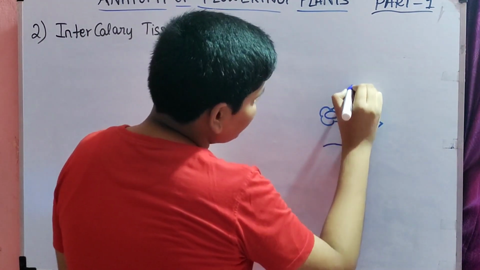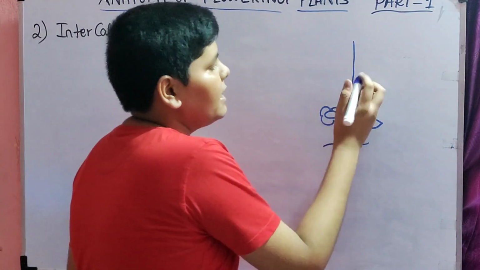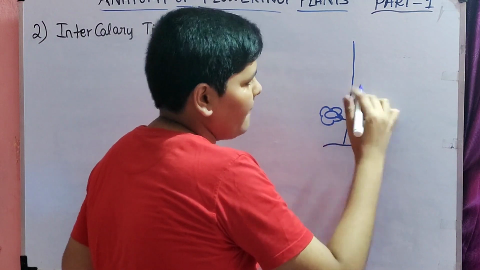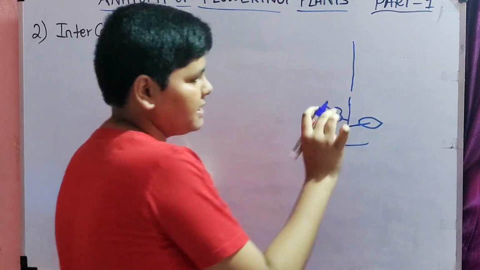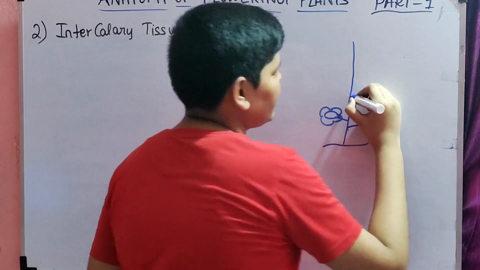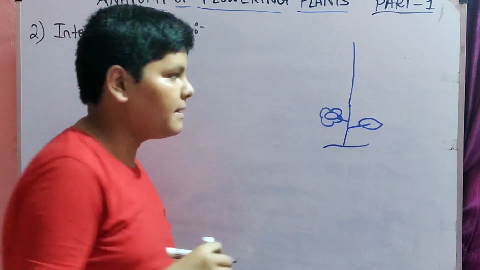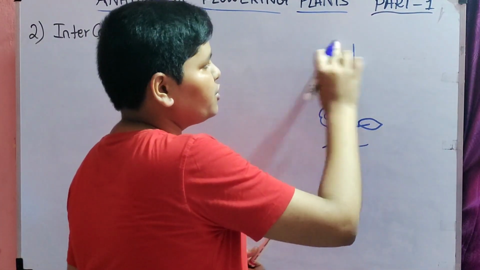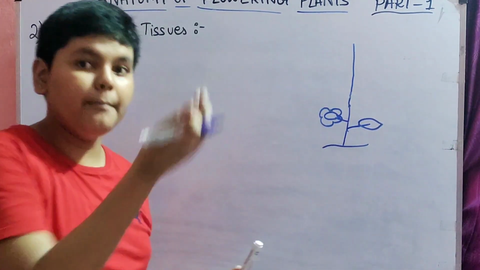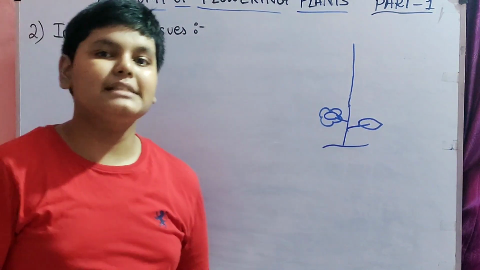This tip keeps on growing to the top, and it makes this region mature. But after leaving some gap, they leave some space like this. What is this space? This space is for regions which are a little bit immature, which are still meristematic regions. So this shoot apical meristem keeps on growing up, but it leaves behind some spaces that contain meristematic cells.